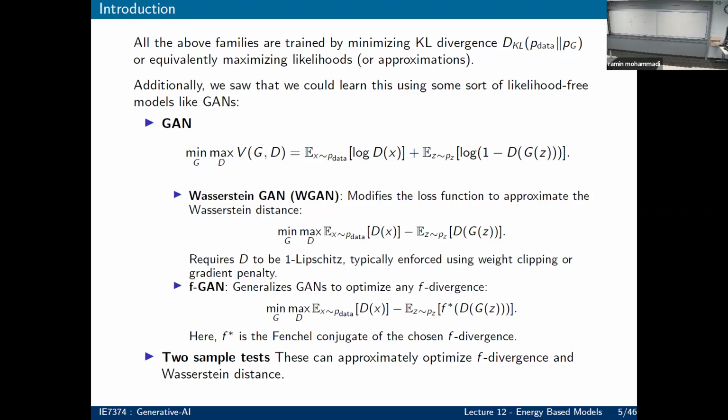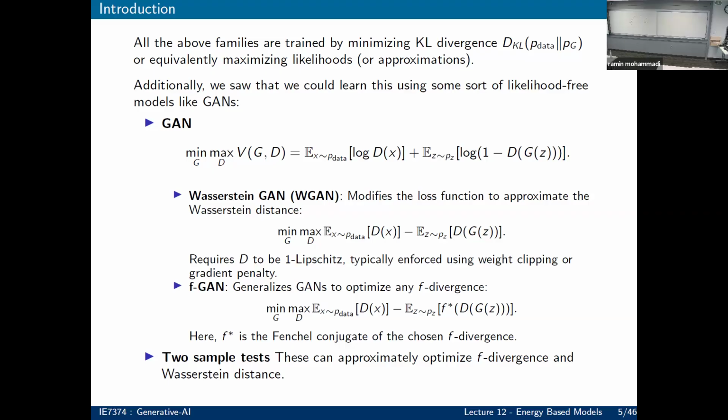Then we talked about another type called FGAN. The idea of FGAN was that instead of defining the divergence as KL divergence or Jensen-Shannon divergence, what if we want to pick different types of functions? You can do that as long as you have a function and can find its convex conjugate, and you can use that to estimate this value.